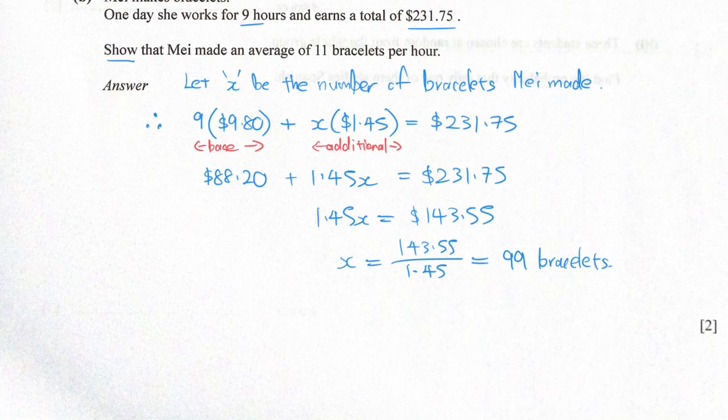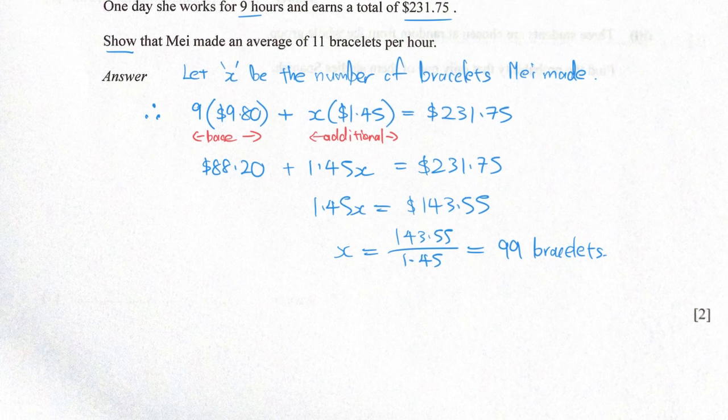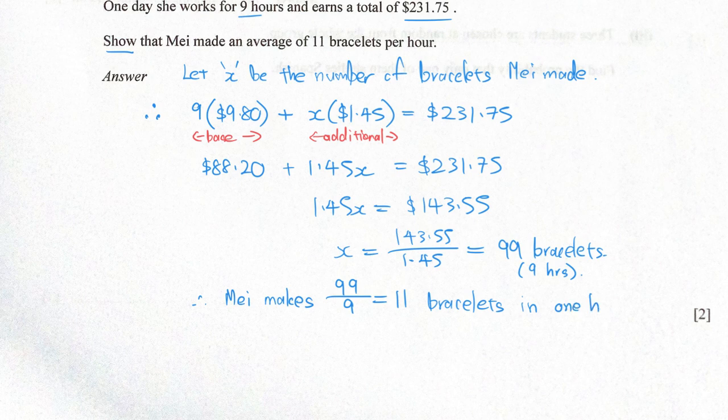Now, be careful that this is for 9 hours of work, so May makes 99 divided by 9, which is 11 bracelets an hour. Shown.